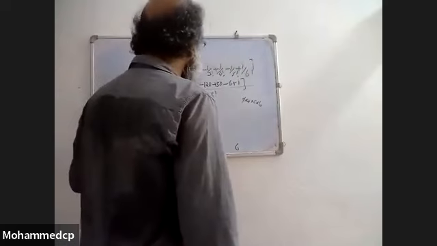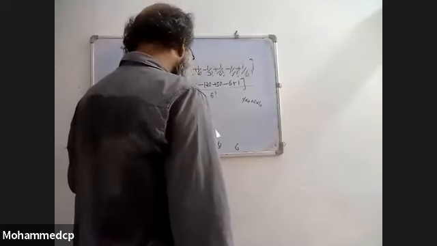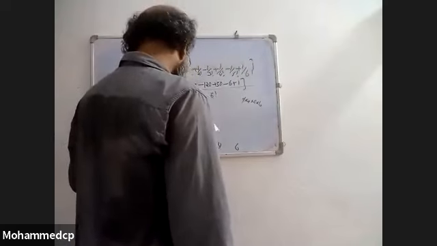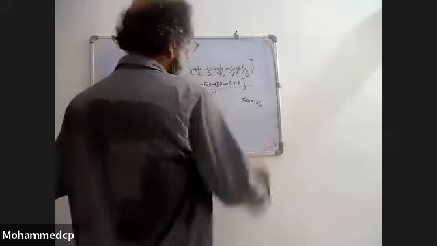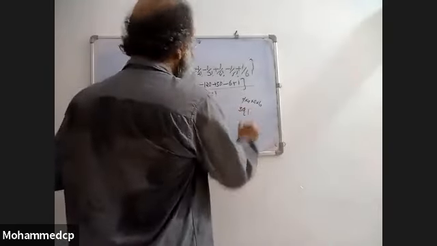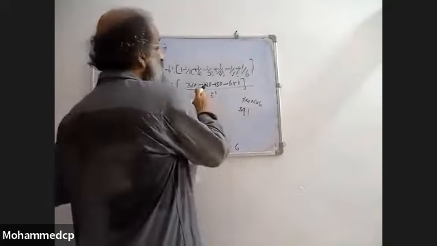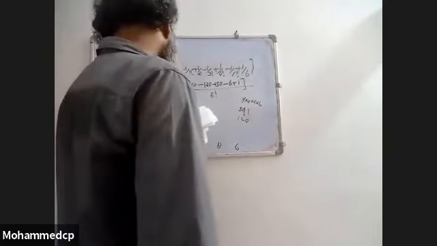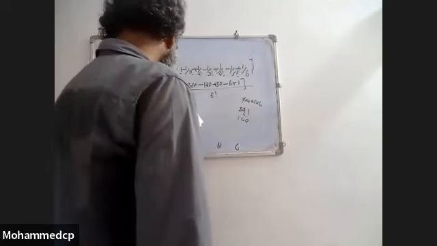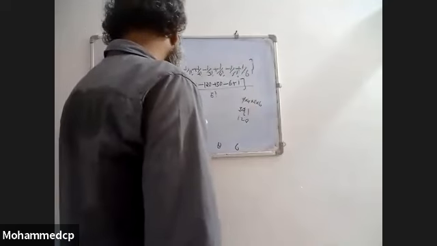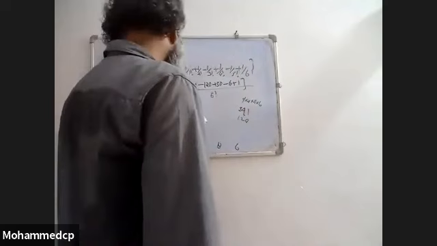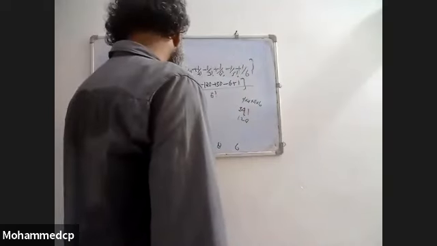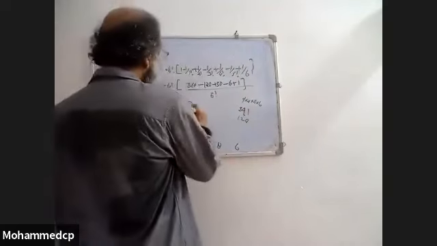360 plus 30, that is 390. 360 minus 120 plus 30 minus 6 plus 1, which is equal to 265.